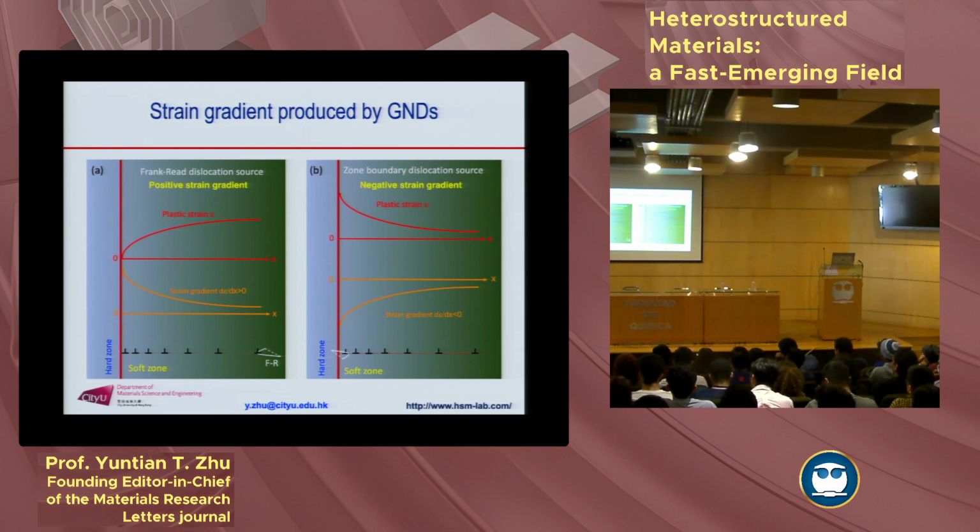So this is called a positive strain gradient because the d epsilon dx is larger than 0. On the other hand, if your dislocation source is from the interface, it's opposite. The strain gradient is negative. We call that a negative strain gradient. I'm saying that because this will be useful later.